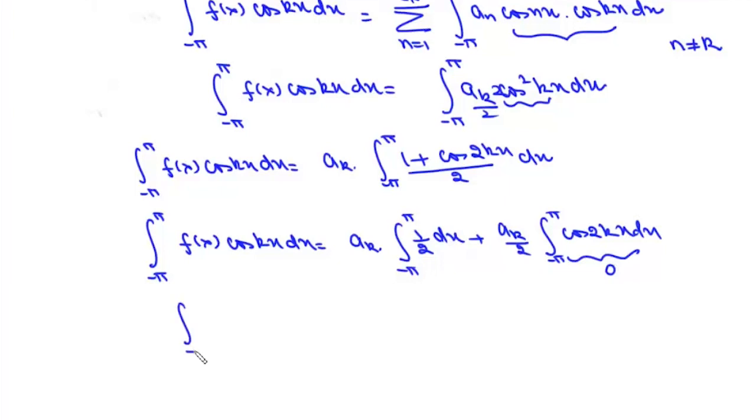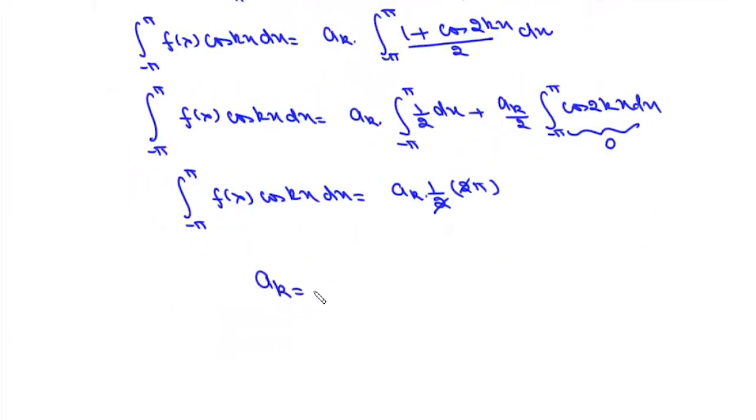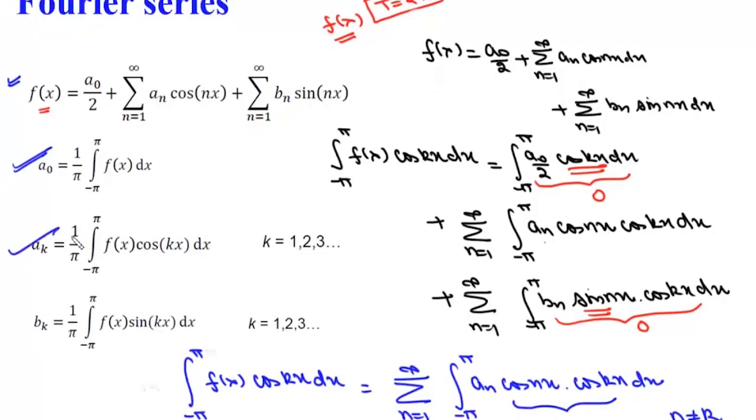So now we'll get the integral from minus pi to plus pi of f(x) cos kx dx will be ak times 1 by 2, and the integral of dx is x, so it will be simply 2 pi. Now we'll cancel this 2 with 2. So from here we can write ak will be simply 1 upon pi times the integral from minus pi to plus pi of f(x) cos kx dx.